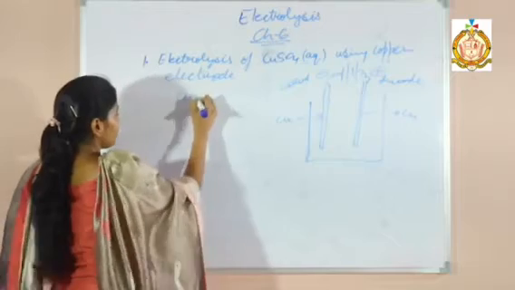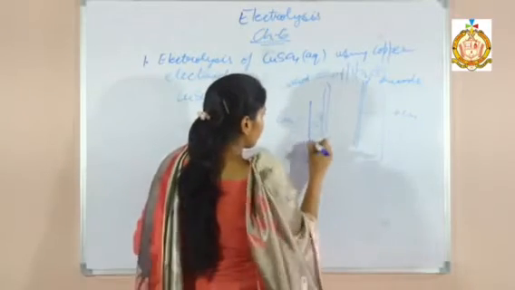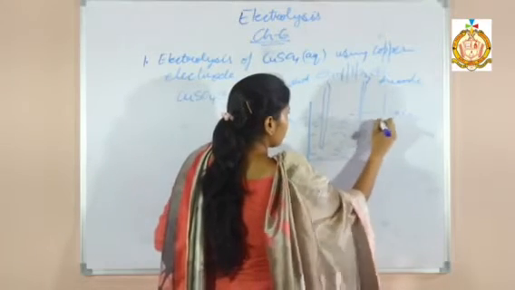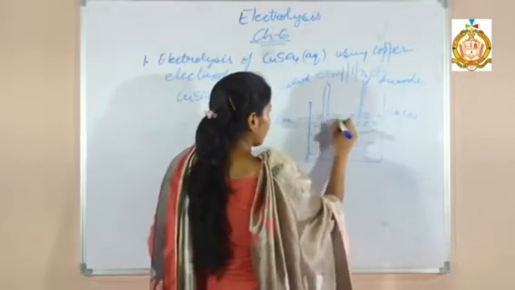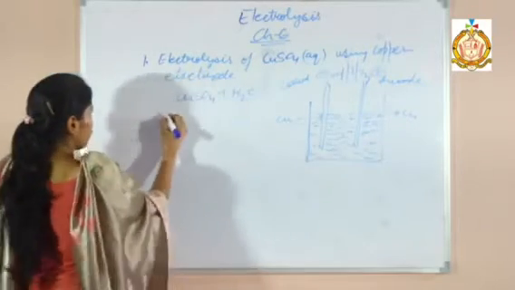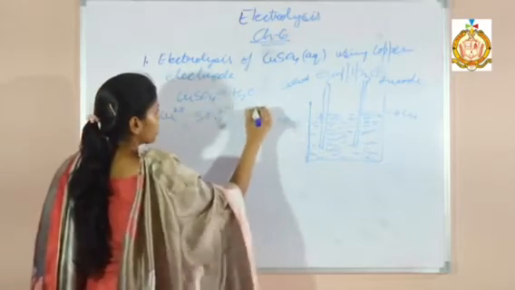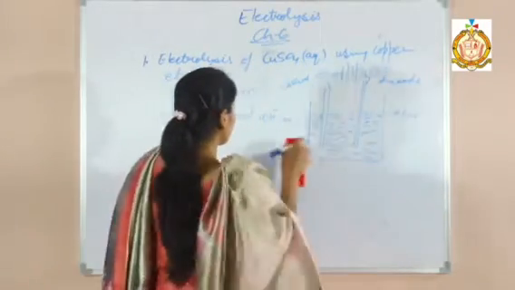Aqueous copper sulfate means copper sulfate and water. In the first there was only molten, so we have not taken water. Here the word aqueous is there, so we are taking water also. So which ions are present? Copper 2 positive, SO4 2 negative, H positive and OH negative.